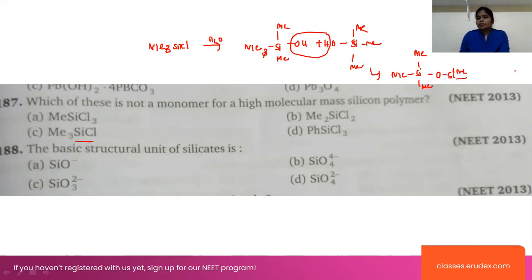So this is not a monomer to form the high molecular mass polymer. This is the NEET 2013 question.